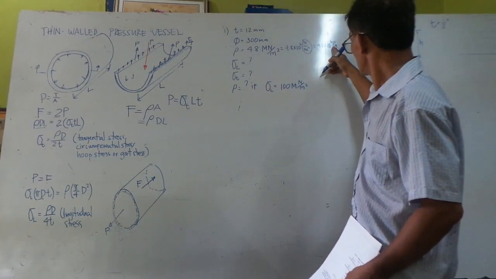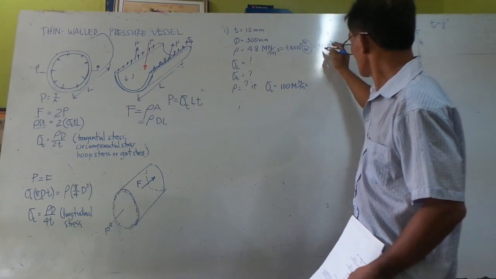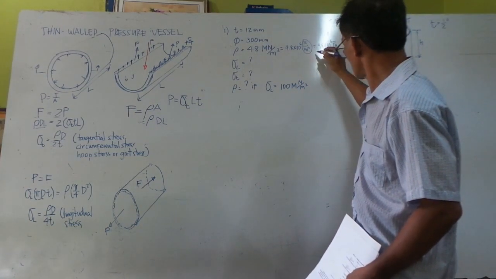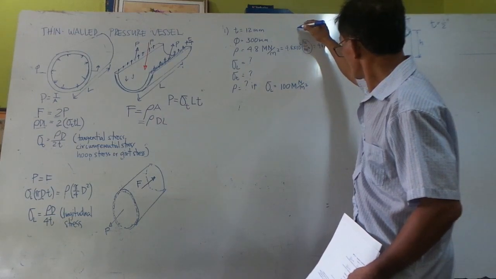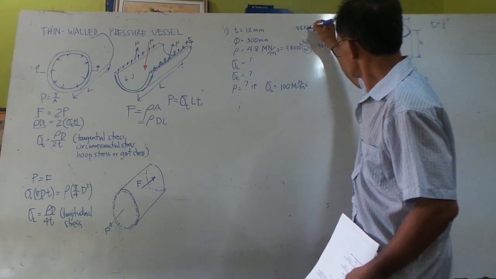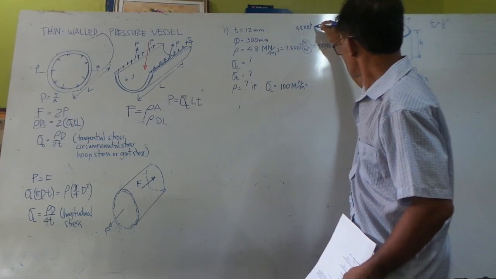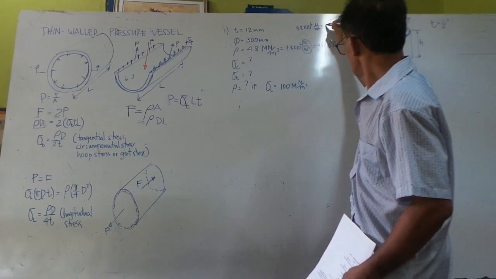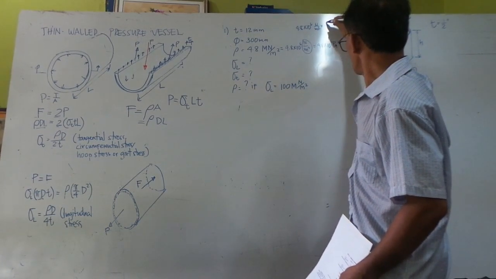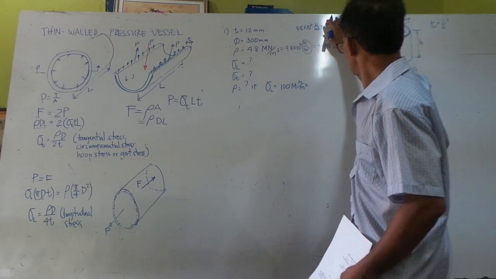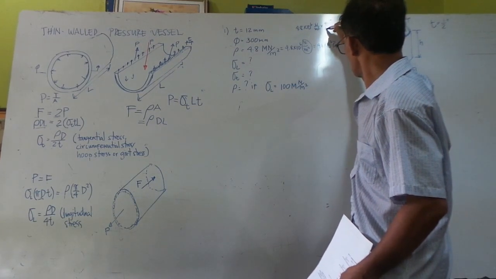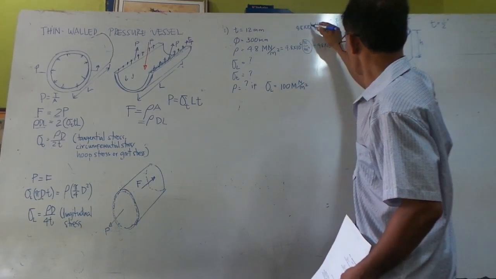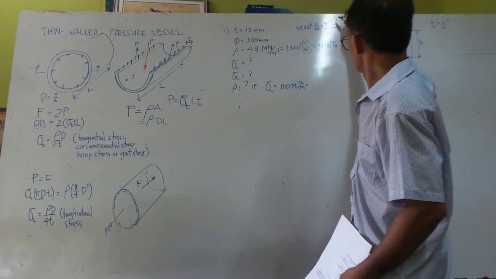But take note, if we multiply 4.8 times 10 to the 6 Newton per meter squared, times 1 meter equals 1,000 mm, squared, the 10 to the 6 cancels.